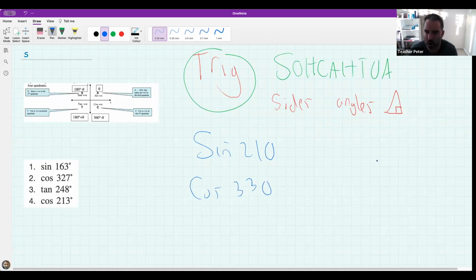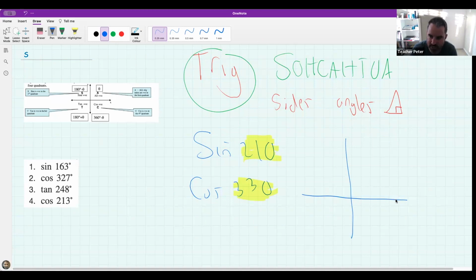And this is a little bit odd because if you think of trig being based on right-angled triangles, how do you have a triangle with an angle of something as big as that? And the way we get around that is we actually put our angles on the Cartesian plane.